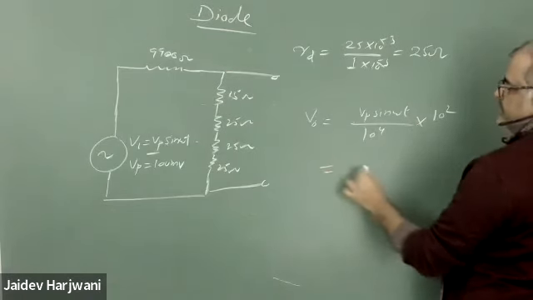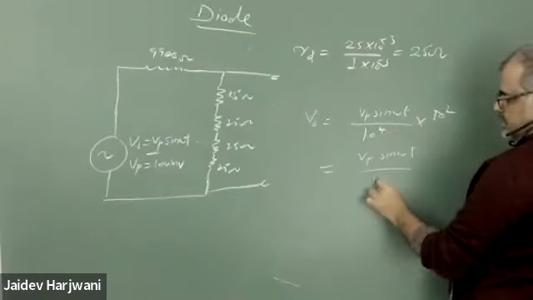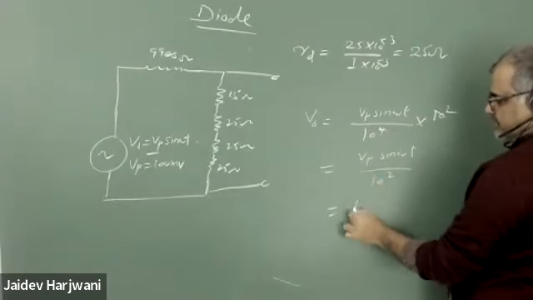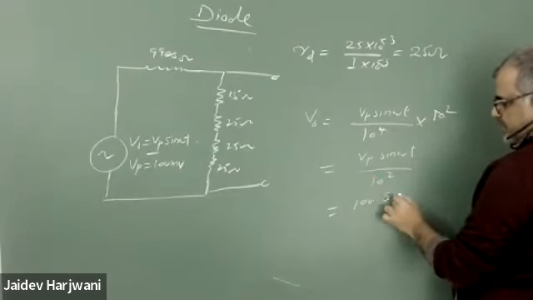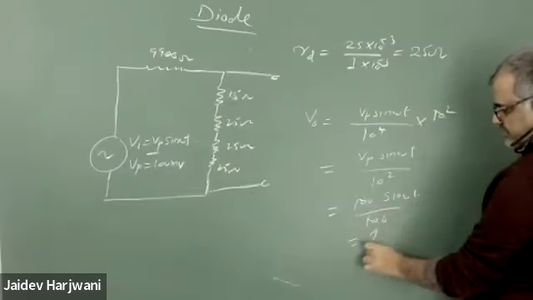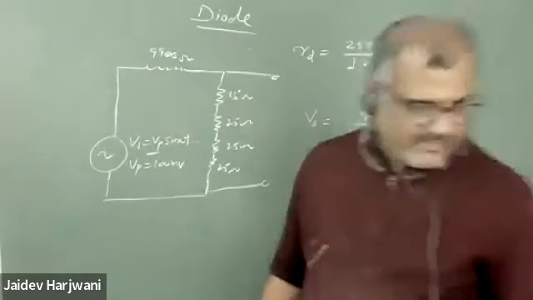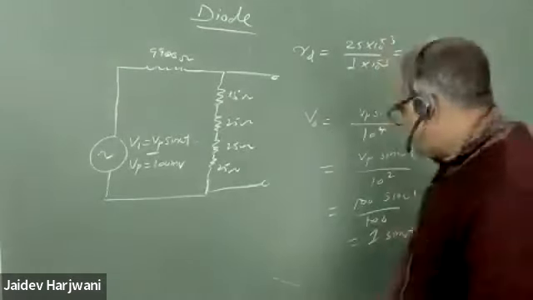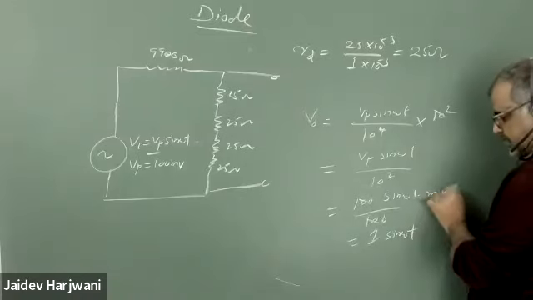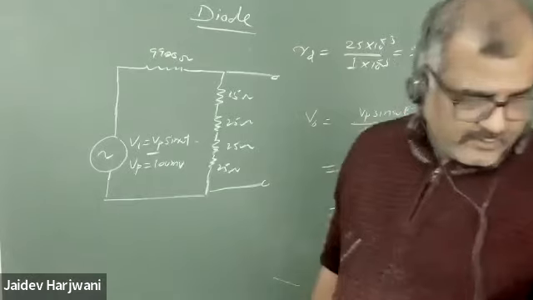This becomes 10 raised to power 2, and this is your 100 millivolts sine omega t, and 100 cancels. This becomes 1 sine omega t. So your maximum amplitude will be how much? This is 1 millivolts.